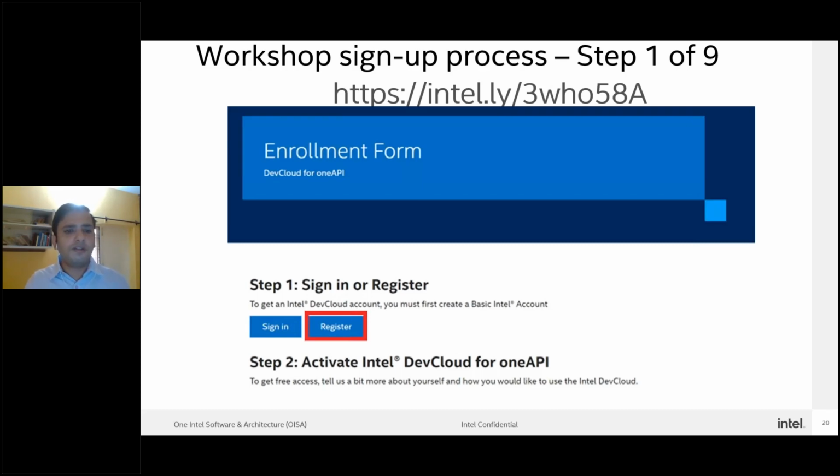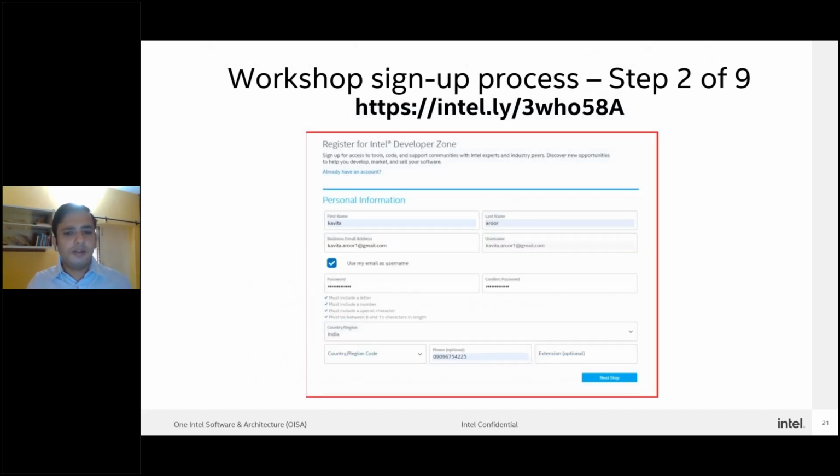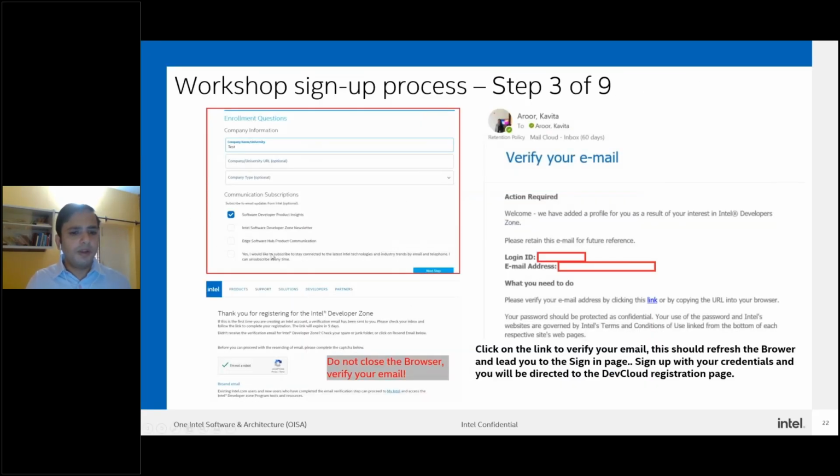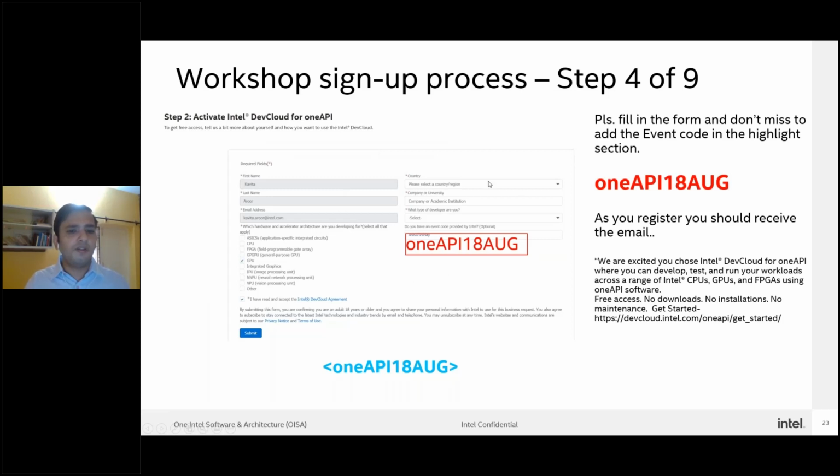You click on register, you enter your personal details, name, email, create a password, etc. And then you click on submit here. You will get an email for activation. Please verify your email address by clicking this link. When you click on this link, it will take you to this form. All that you do is enter the code and then click on submit, right?